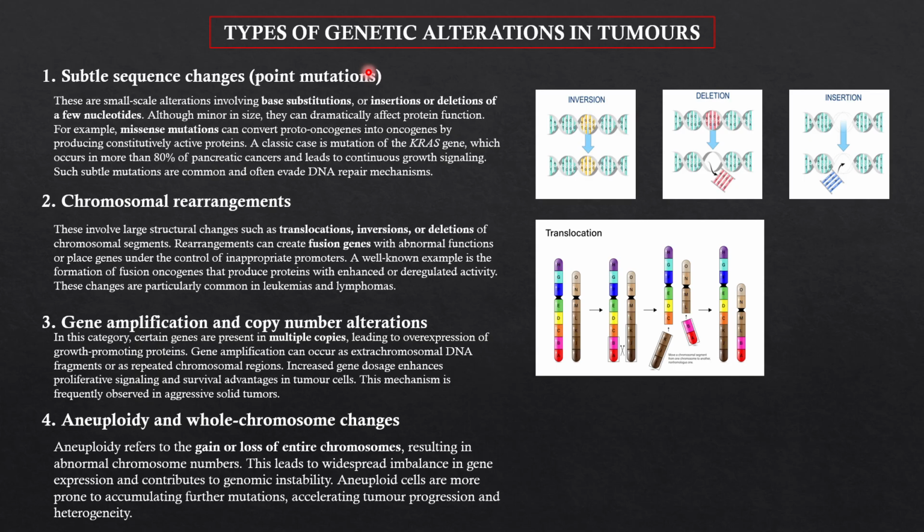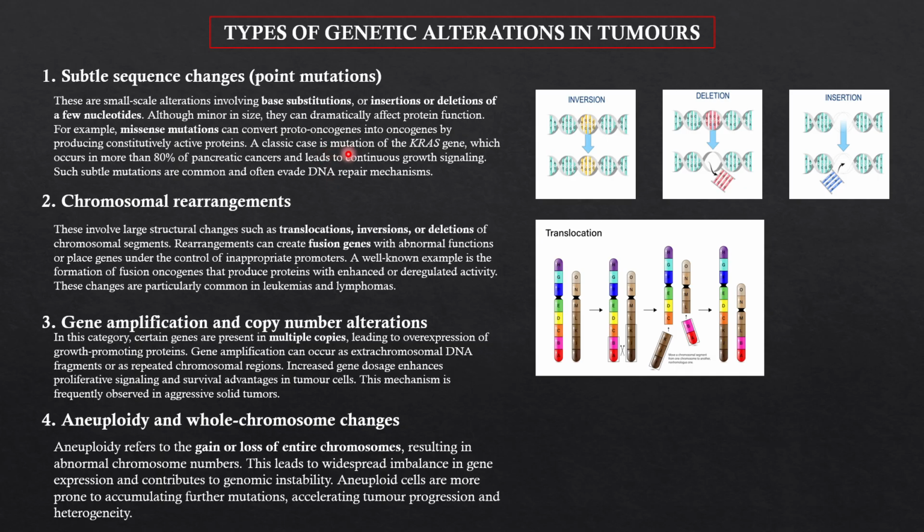Types of genetic alterations in tumors. The first one is the subtle sequence change or point mutation. These are small scale alterations involving base substitutions or the insertion or deletion of a few nucleotides. Although minor in size, they can dramatically affect protein function. For example, missense mutations can convert proto-oncogenes into oncogenes by producing constitutively active proteins.